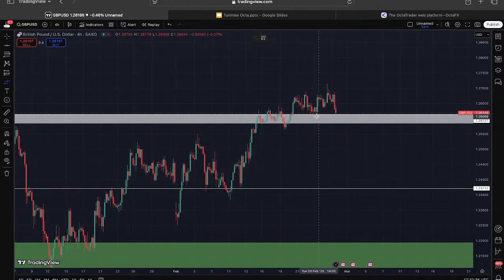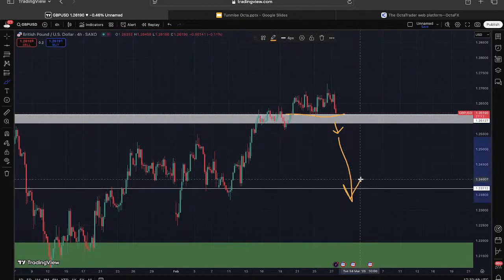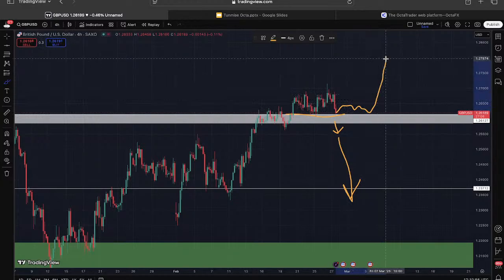You wait to see price break out of this zone. When price breaks out of this zone, then you are looking to sell. If it doesn't break out of this zone, there will be further consolidation and you are looking to buy.